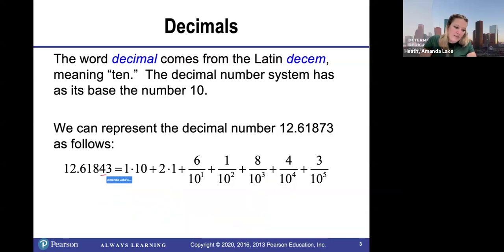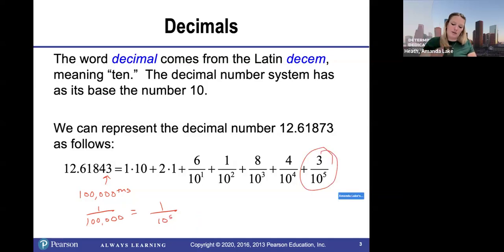Then we have ten thousandths, which is 1 over 10,000, the same thing as 1 over 10 to the 4th power, and that's where we get 4 over 10 to the 4th. And then finally, we have our hundred thousandths, which is 1 over 100,000, or 1 over 10 to the 5th power, which is where we get our 3 over 10 to the 5th power. So we have 3 of those.